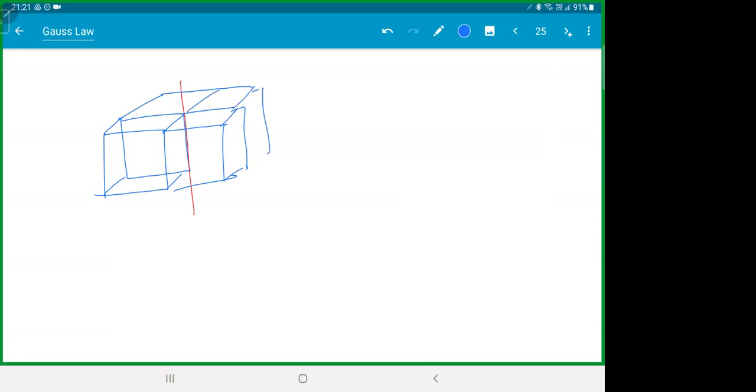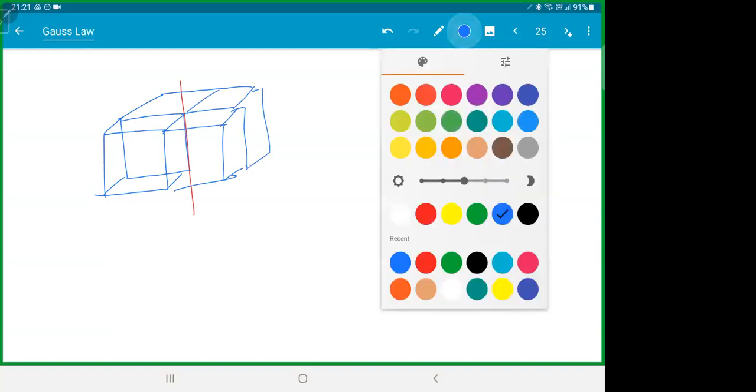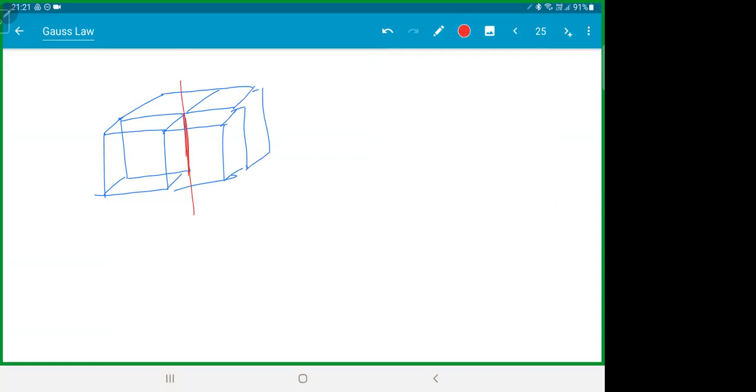Able to visualize? So for these 4 cubes, what is the line that is stuck? This line. How much charge is that? Lambda into L. So what is the flux through the 4 cubes? Lambda L by epsilon. So what is the flux through each cube? Lambda L by 4 epsilon. Does that make sense?